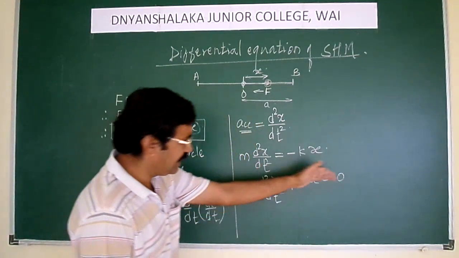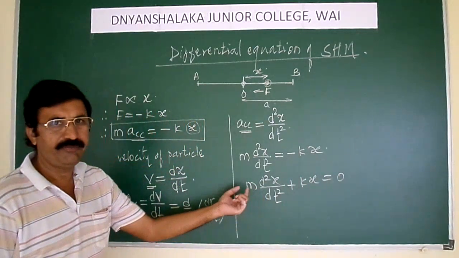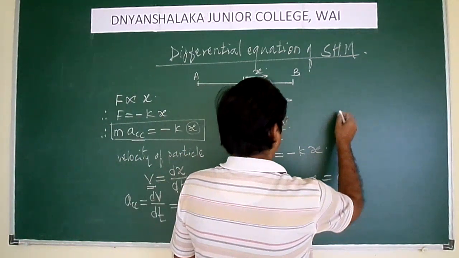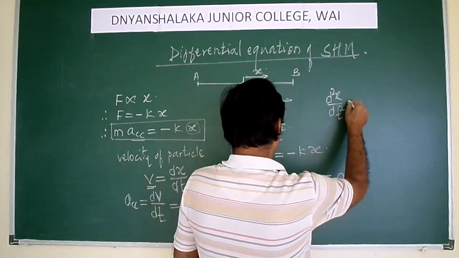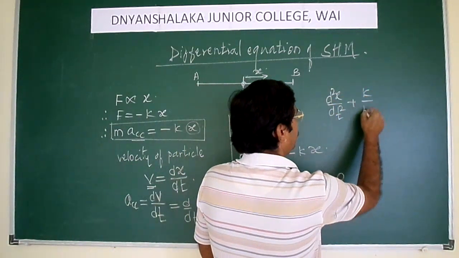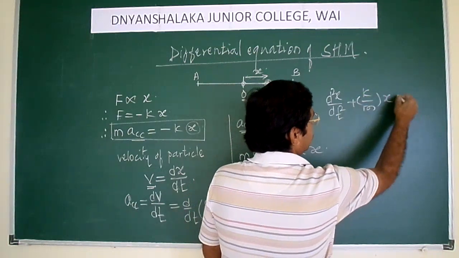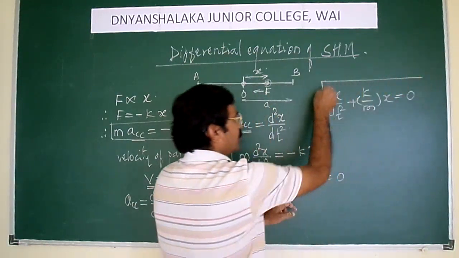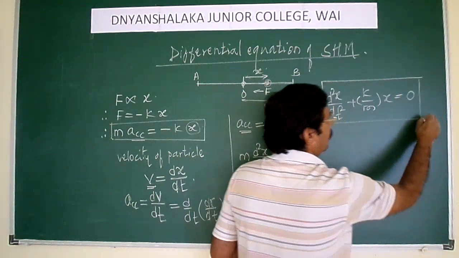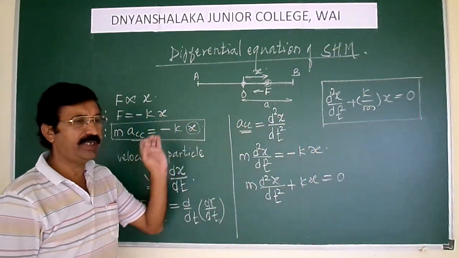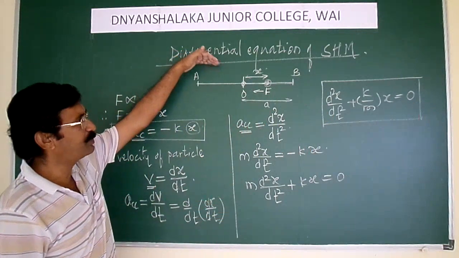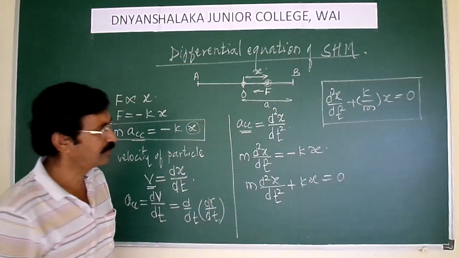If we divide the entire expression by m, we can write d2x upon dt2 plus k upon m x is equal to 0. This is called the differential equation of simple harmonic motion.